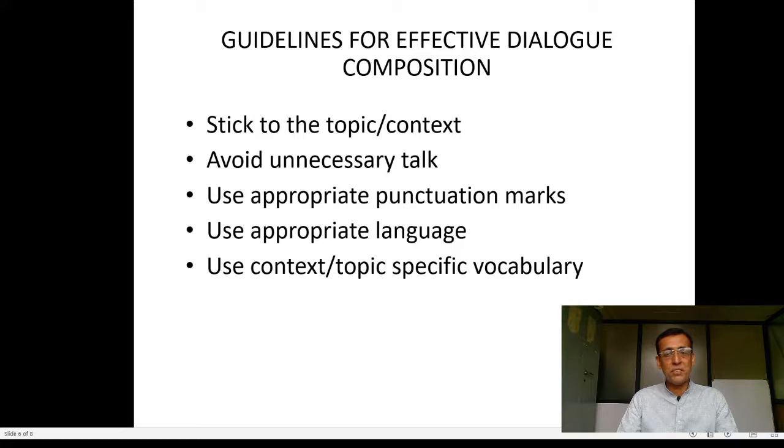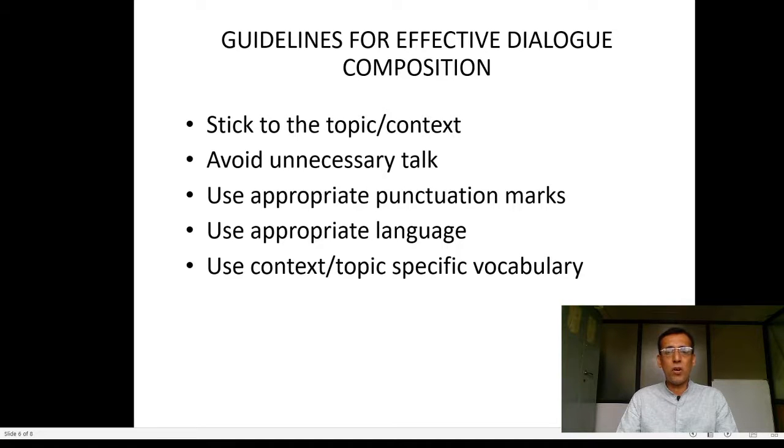When two friends talk to each other, they use very casual language. On the other hand, when a dialogue takes place in a formal situation, for example, a bank manager talking to a customer, the language is very official, very formal, very polished. So use appropriate language according to the situation as well as the characters.